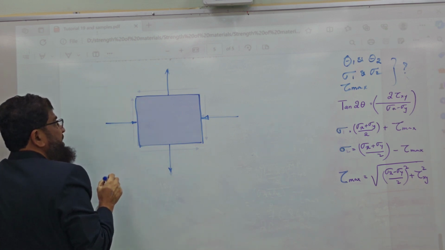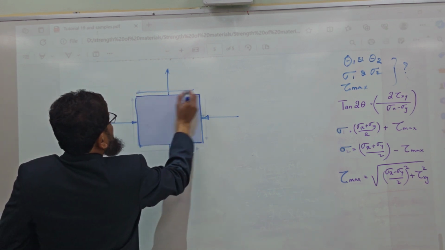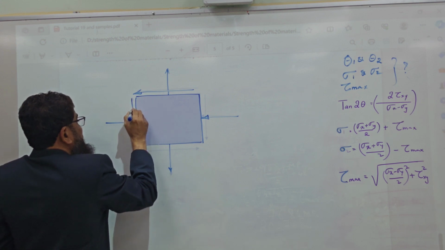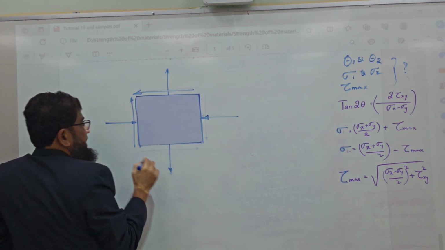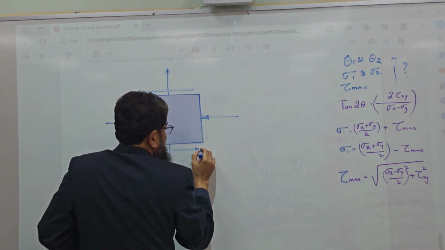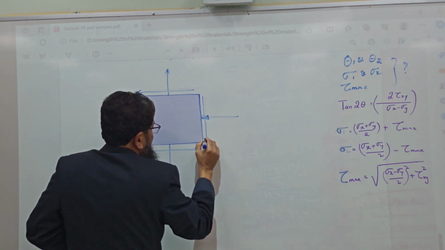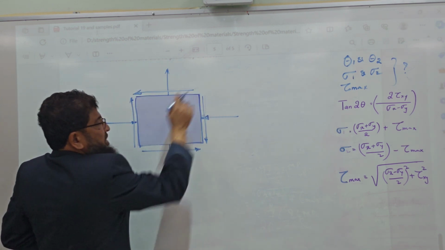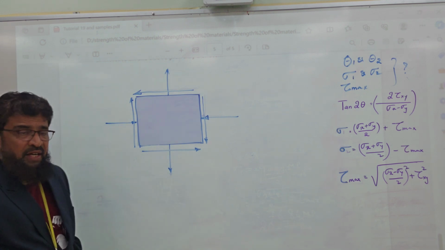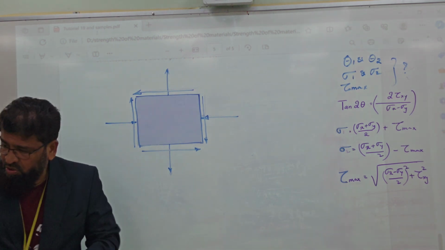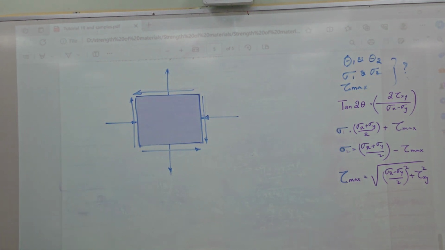This is how much, and then see the direction is changed. Be careful about this. In the previous problems the arrows used to be here, is it not? Now where are the arrows? The arrows are at the bottom. So now we need to put the things in proper perspective.